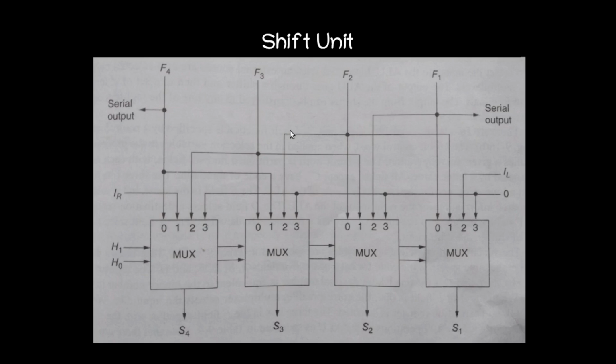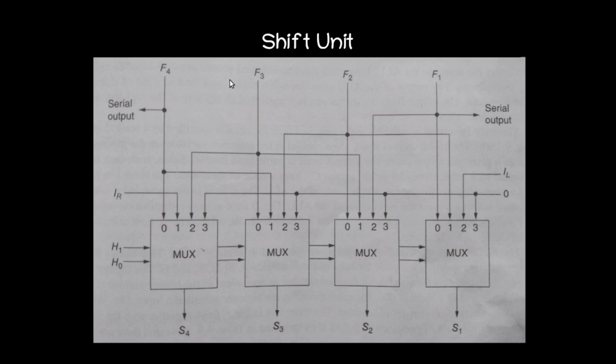For that purpose, we can just consider our shift unit. This is not our complete diagram, but we can understand it simply. There is a 0 input tied to all the muxes. The internal structure of the shifter is actually a collection of muxes. When we give 011 here, these zeros will be selected and will be available at the output of the shift unit, irrespective of the ALU output.